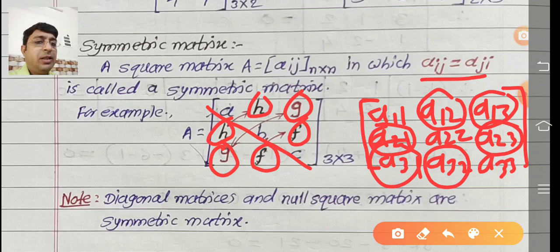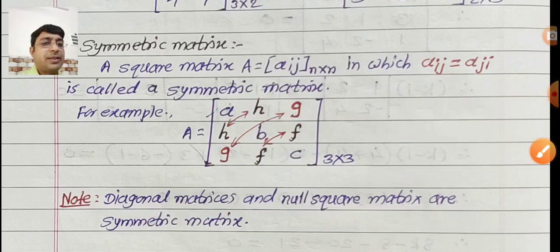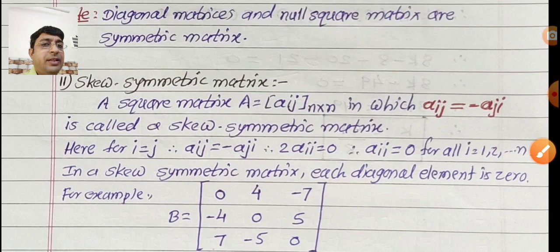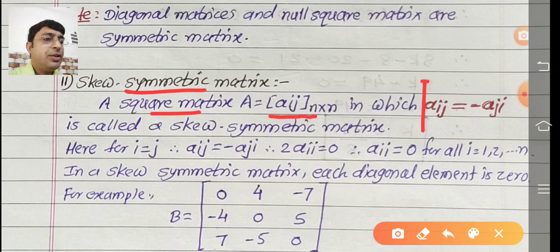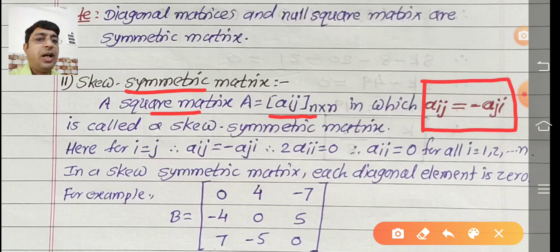A note is given: diagonal matrices and null square matrices are also symmetric matrices. Next type is skew symmetric matrix. A square matrix A is equal to [Aij], having the order n by n. An important condition is given here. Aij is equal to minus Aji is called a skew symmetric matrix.